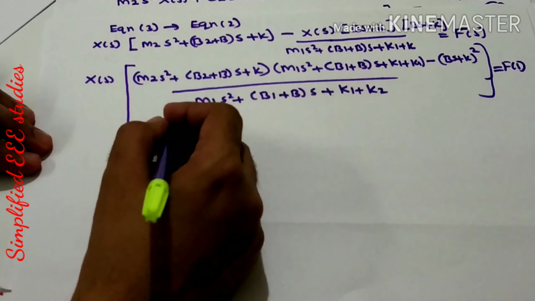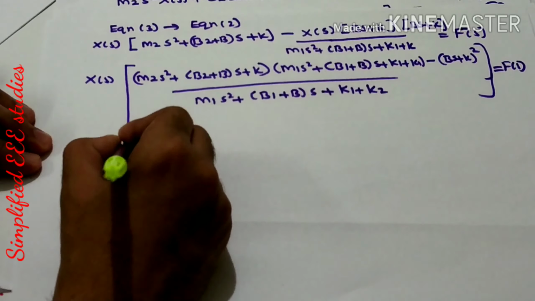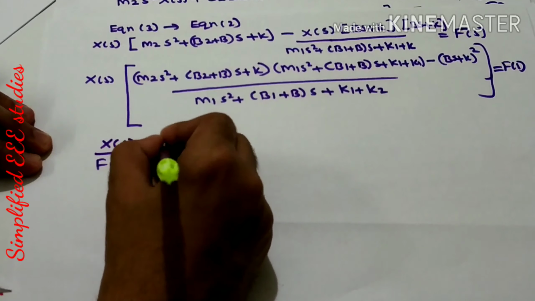Now you can take the ratio of X(s) to F(s), that is equal to the transfer function.